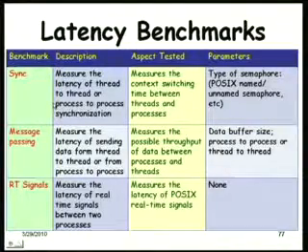The latency benchmarks are sync, which measures the latency of thread to thread or process to process synchronization. So, how much overhead is there in synchronization, because resource sharing will be required, and if the operating system has too much overhead in doing synchronization, then you will have to factor in that time in your scheduling, whereas we just assume that it is almost nothing, isn't it?